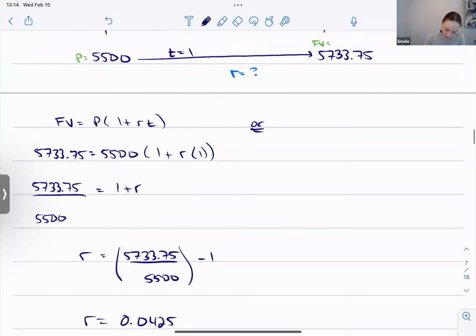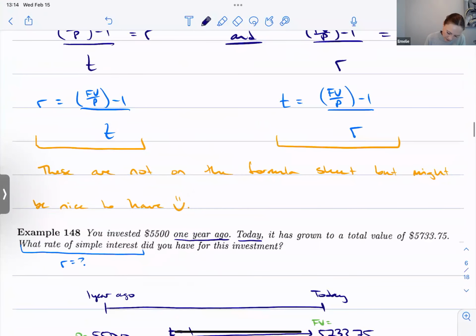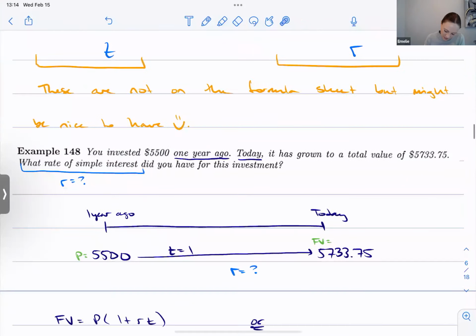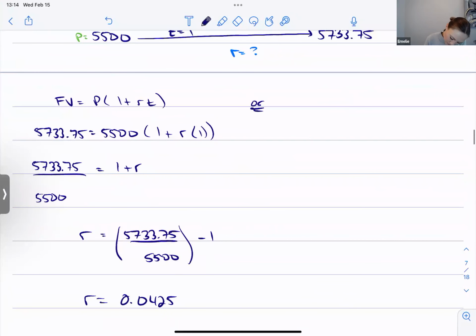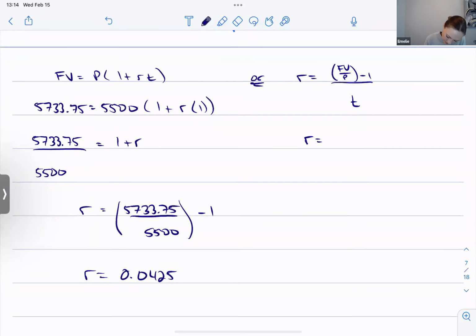Or using this formula, R is the future value over P minus 1, divided by T. So FV over P minus 1 over T. R is 5,733.75 divided by 5,500 minus 1, divided by 1.